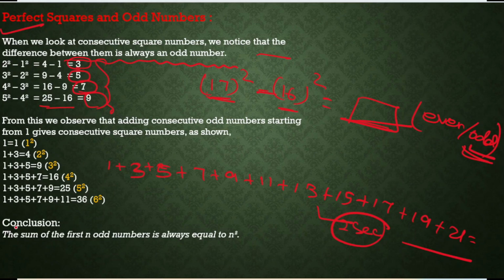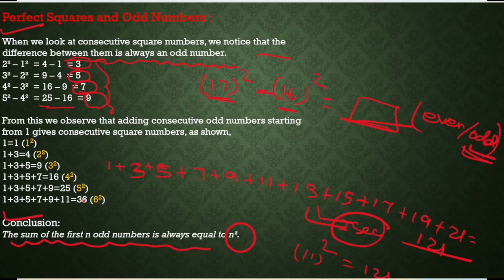Yes, because the sum of the first n odd numbers is always n square. How many odd numbers are there? 1, 2, 3, 4, 5, 6, 7, 8, 9, 10, 11. So 11 odd numbers means 11 square, which is 121. So the answer is 121.